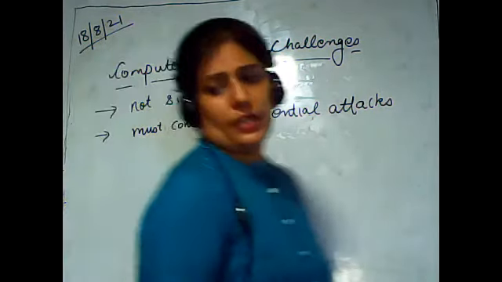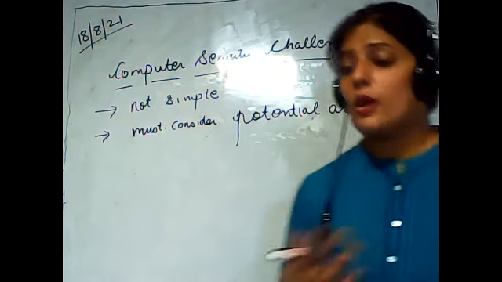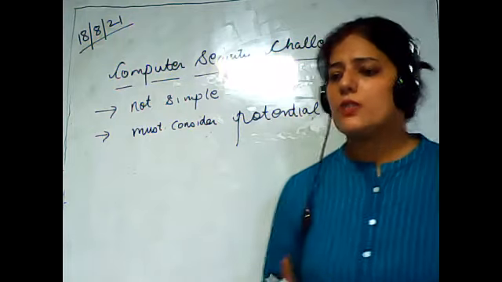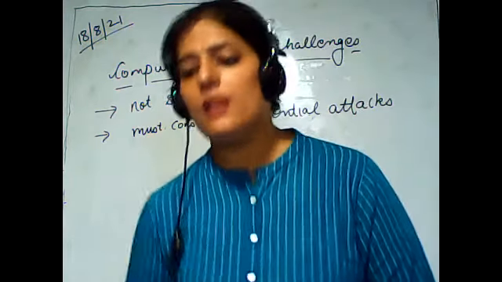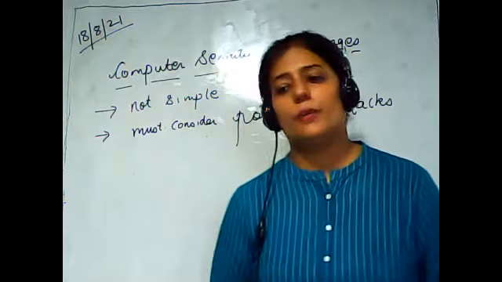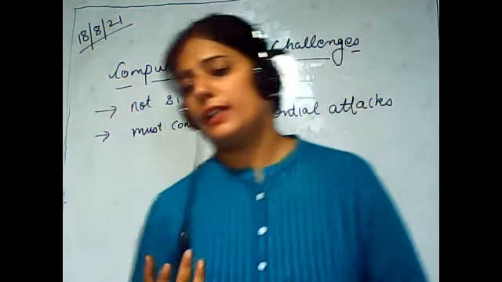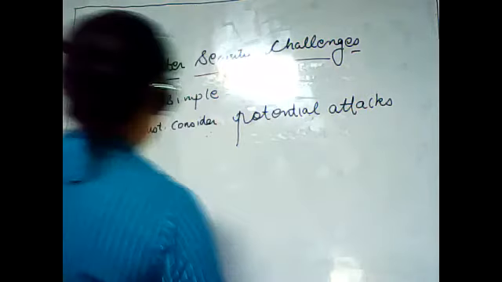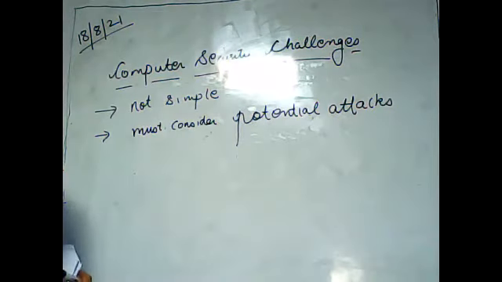According to experience and the implementation of that particular part, we can go for the potential attacks. But still, there could be some attacks that could be ignored, or that the user is not aware of. So we must consider the potential attacks.